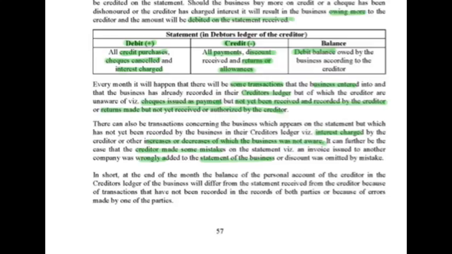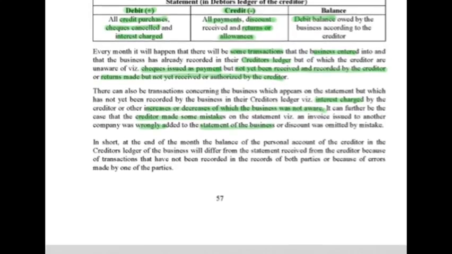In short, at the end of the month, the balance of the personal account of the creditor in the creditor's ledger of the business will differ from the statement received from the creditor, because of transactions that have not been recorded in the records of both parties, or because of errors made by one of the parties.